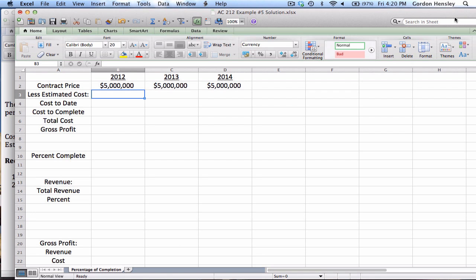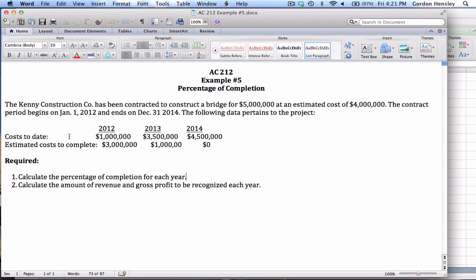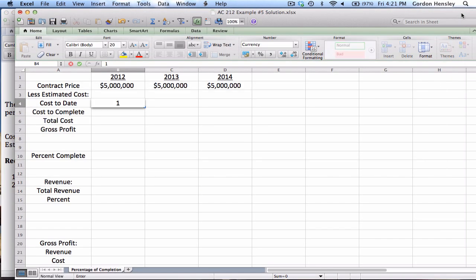Then it says less the estimated cost. Well, that's going to be based upon the costs up until that point. So what about cost to date? They provided me with the cost to date information. Cost to date, $1 million, 3.5, 4.5. So it's going to be $1 million, 3.5 million, and 4.5 million.